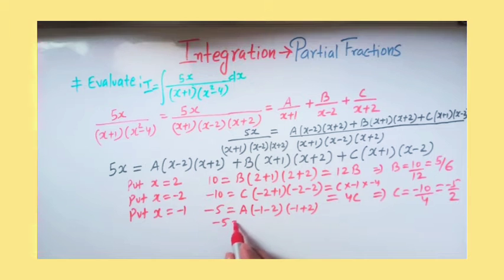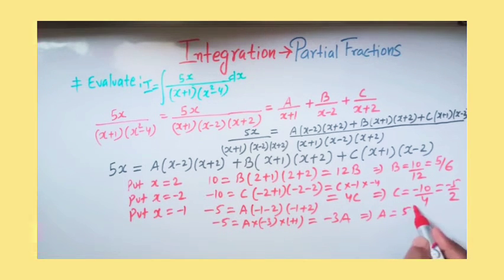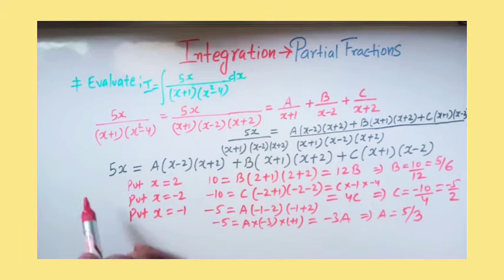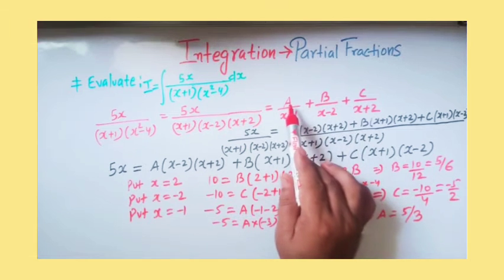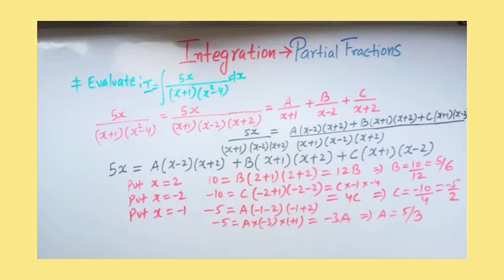So minus 5 is equal to a times minus 3, and we have minus 3a. Clear? So this implies a is equal to, minus and minus get cancelled, so we have 5 by 3, right? So once we find the values of the constants a, b and c, the process of integration becomes quite easy, right?